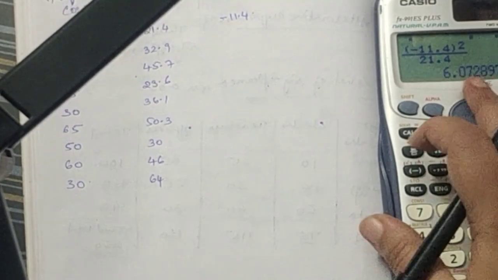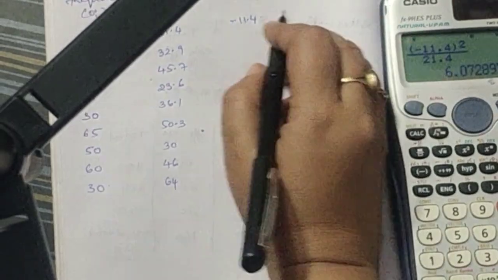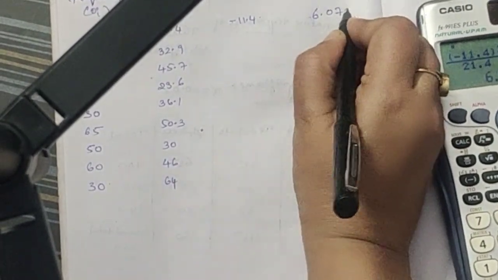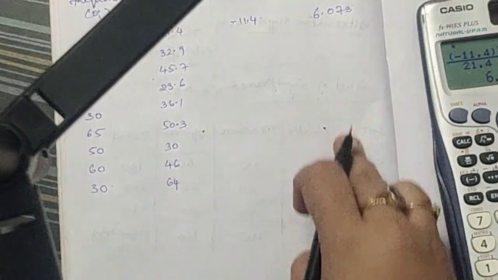I will round up and write it is equal to 6.073. In a similar way, finish off this data completely, calculate that one.